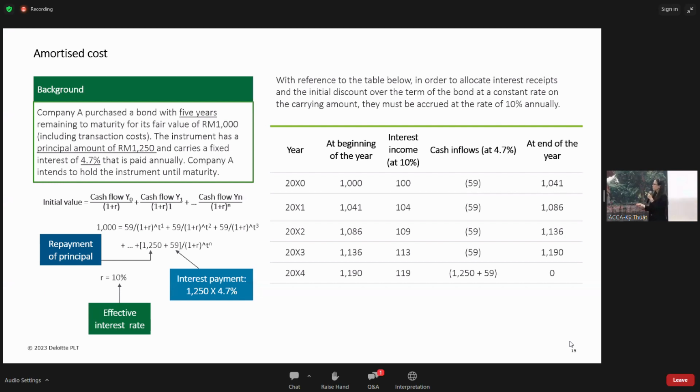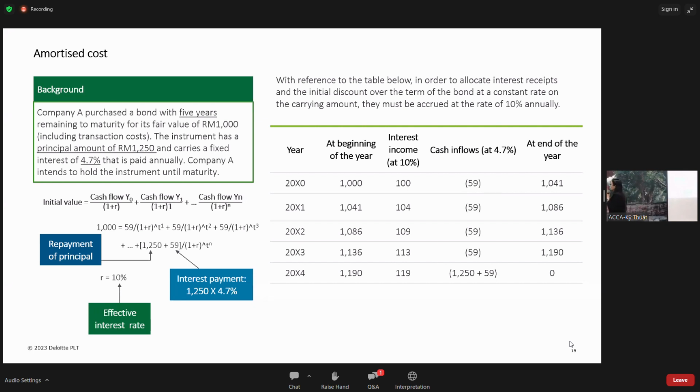Okay, so let's look at one example. Company A purchased a bond with 5 years remaining to maturity for its fair value of ringgit 1,000, including transaction costs. The instrument has a principal amount of 1,250. So this 1,250, at the end of the maturity period, I need to pay because that is the principal amount.